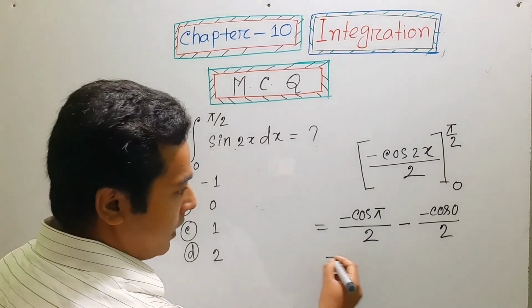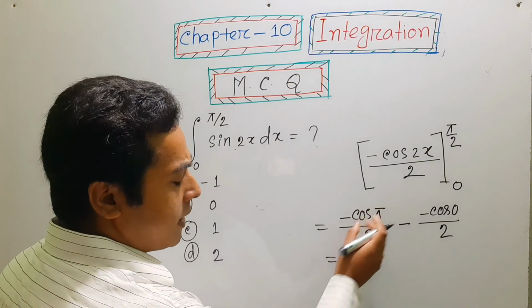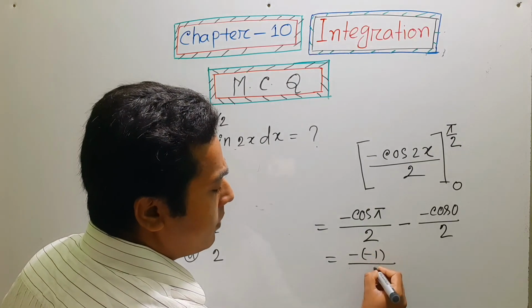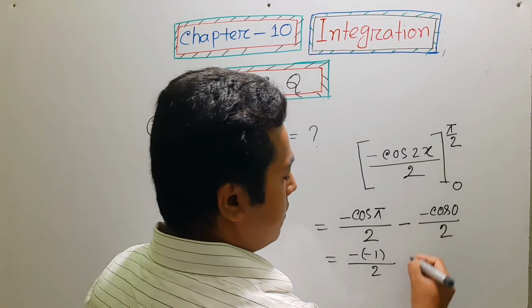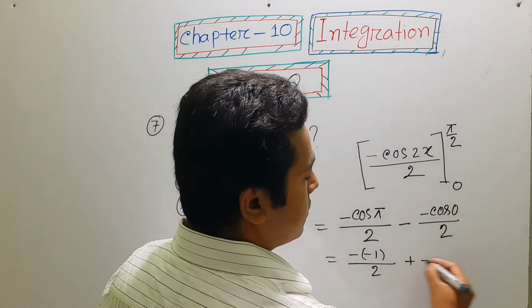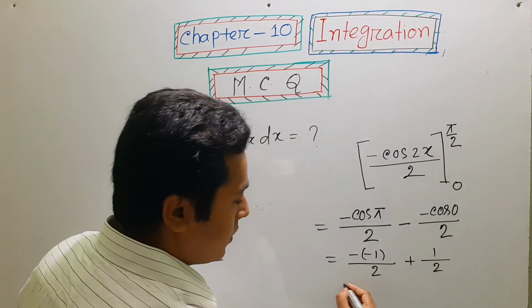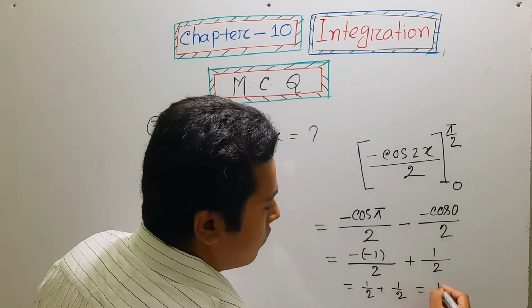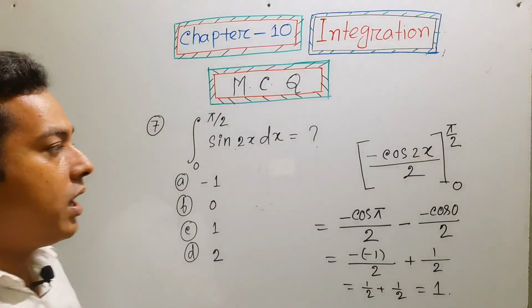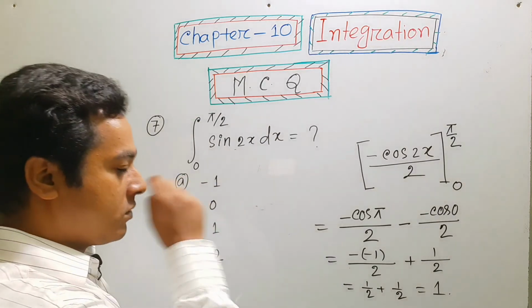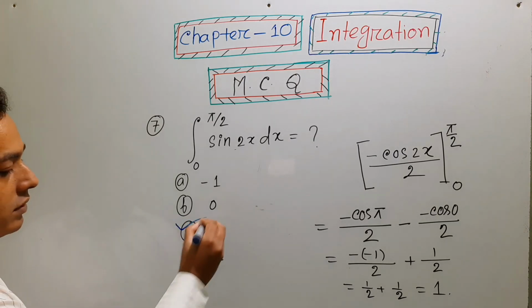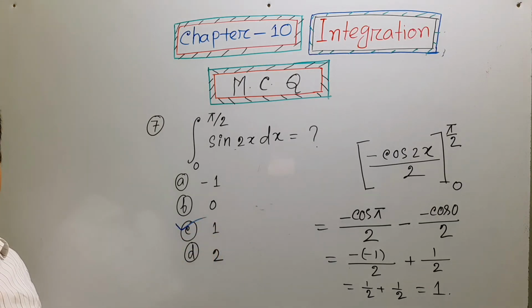Okay, then here cos pi is equal to minus 1, so minus of minus 1 divided by 2, and it will be plus cos 0 is equal to 1 divided by 2. So 1 by 2 plus 1 by 2 is equal to 1. Okay, the answer of this integration is equal to 1. So our answer option C will be our right answer.